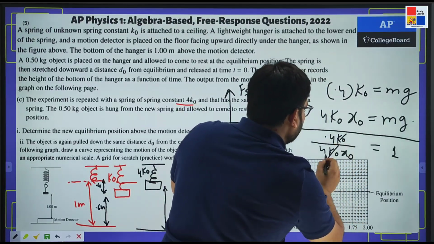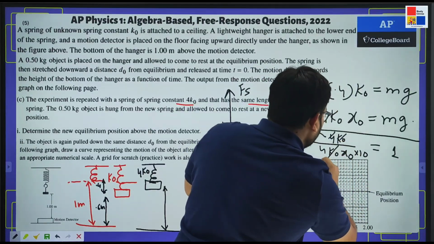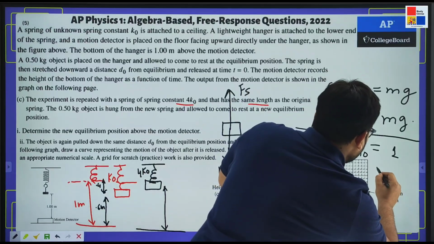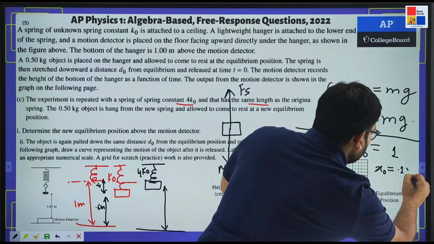K naught cancels. So x naught comes out to be 0.1 meters.